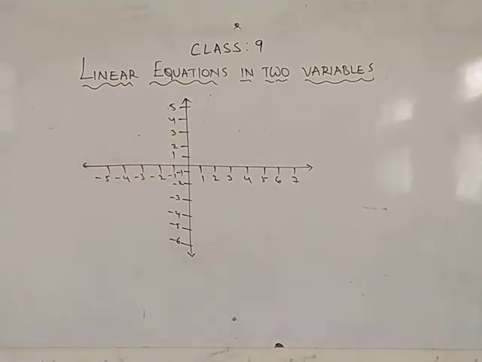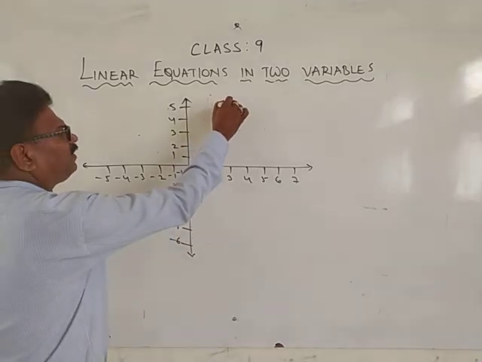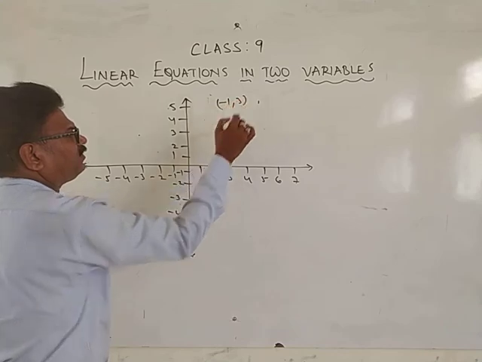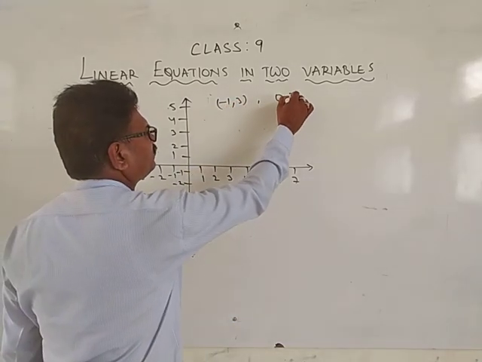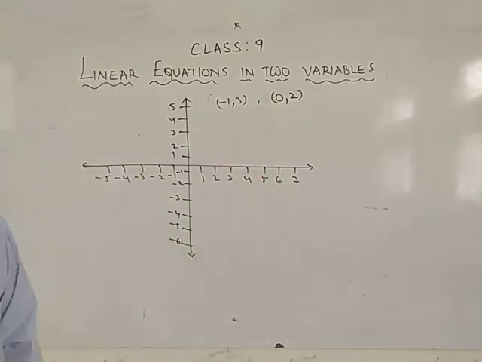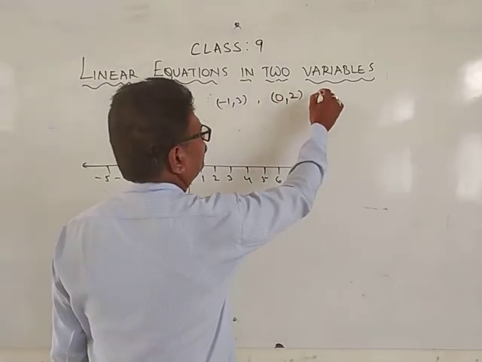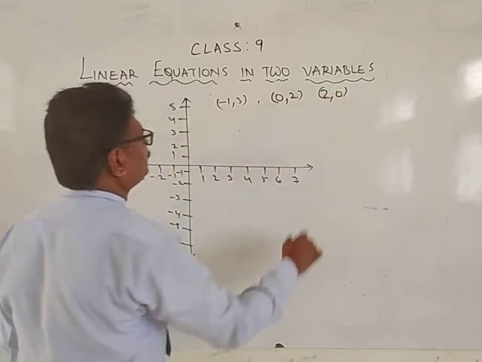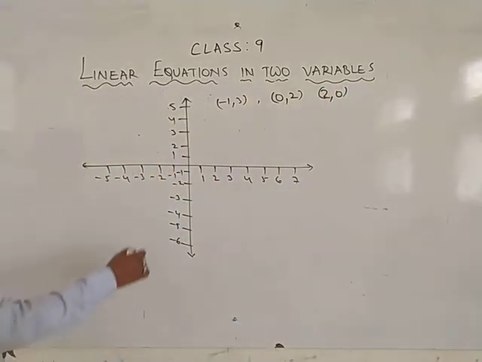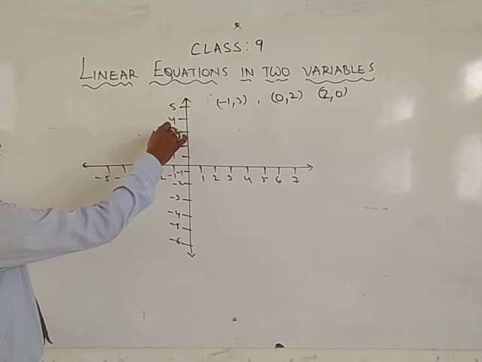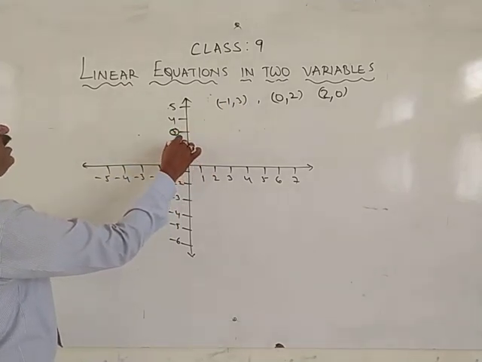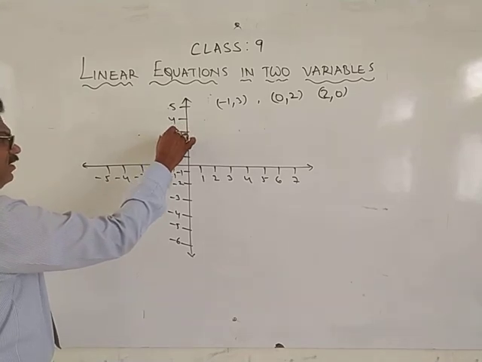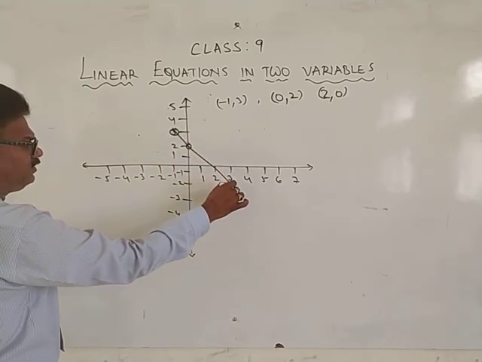Next one. Minus 1, 3. 0, 2. 2, 0. So minus 1, 3 means here, 0, 2 means here, like this.